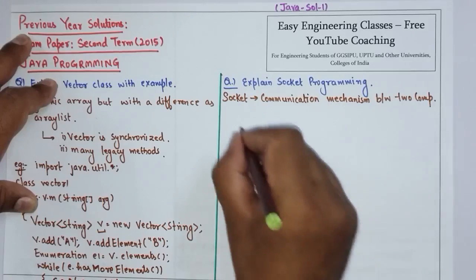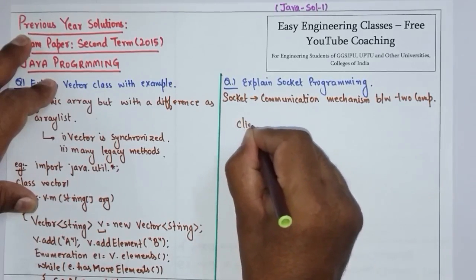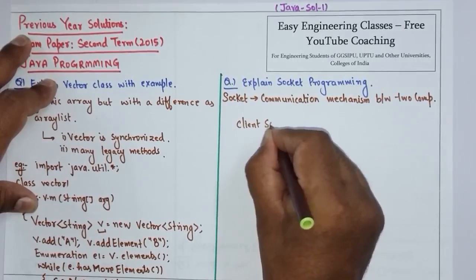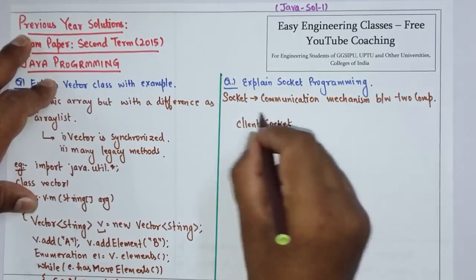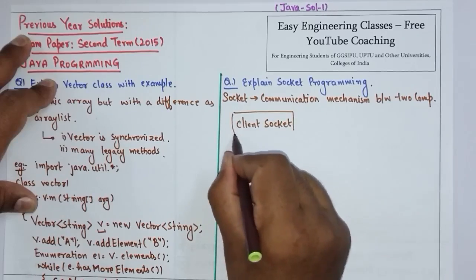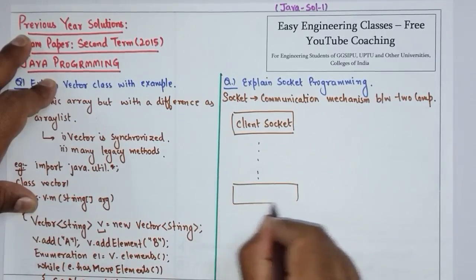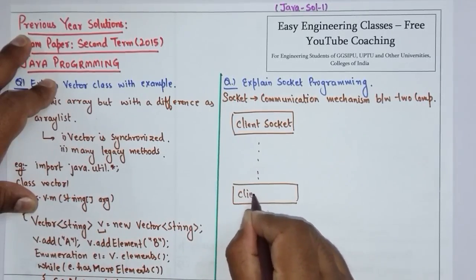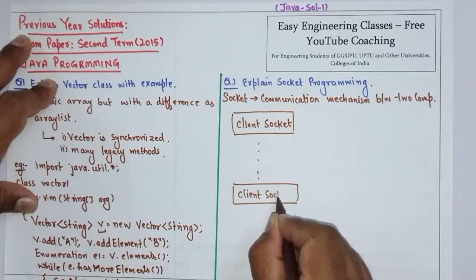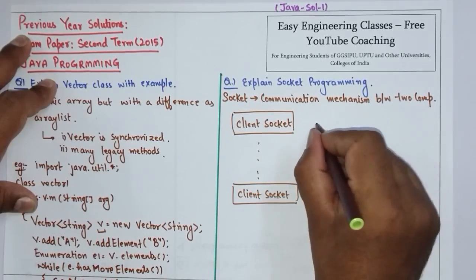And in the socket programming of Java, you have two different types of socket. One is client socket. So there can be n number of client sockets here. And one is server socket.